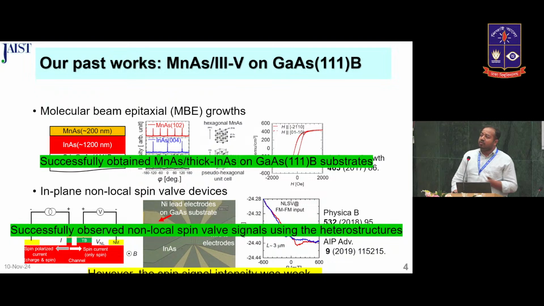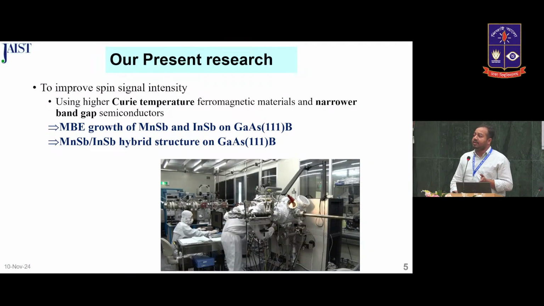First of all, why did we choose manganese based ferromagnetic materials? For manganese antimonide, the main reason is that its Curie temperature is higher than manganese arsenide. We think the higher Curie temperature can help improve it as a ferromagnetic source or drain.